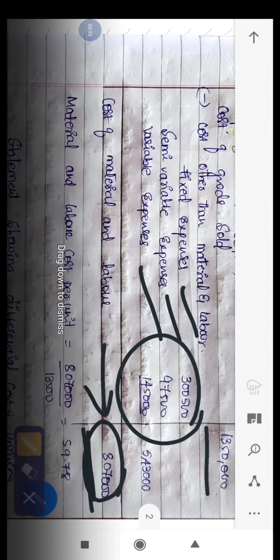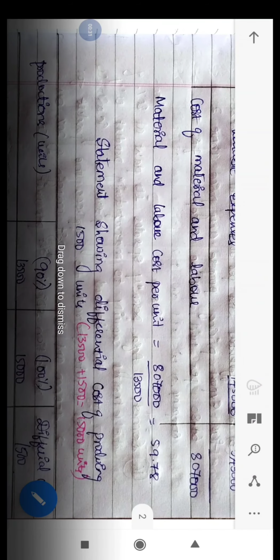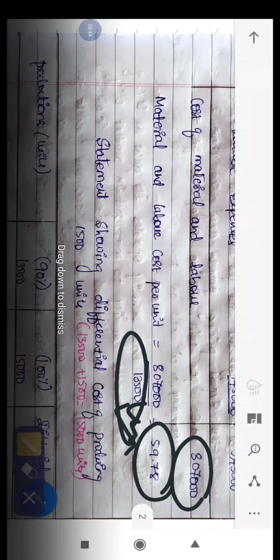So 8,07,000 is the cost of material and the labor. If we want the cost of material and the labor per unit, we have to divide it by the total units manufactured per annum. So 8,07,000 divided by 13,500 units, the per unit cost is 59.777.